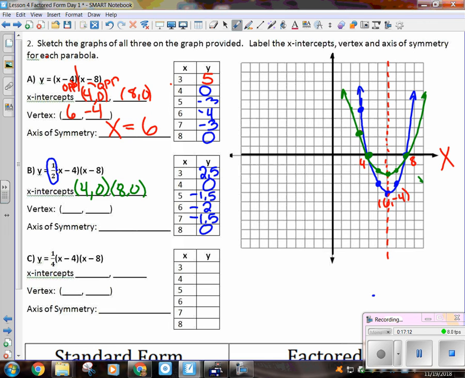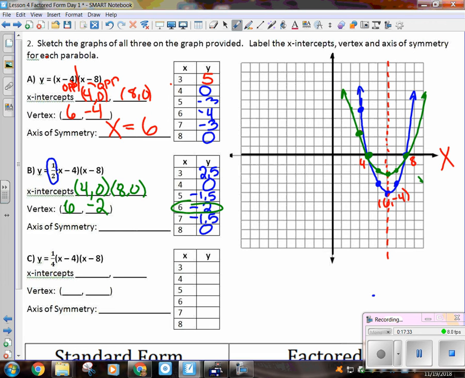Where's the vertex of this graph? What's the lowest point? Over at 6, it went as deep as how deep? Negative 2. Over positive 6, down negative 2. Is my axis of symmetry still the same?